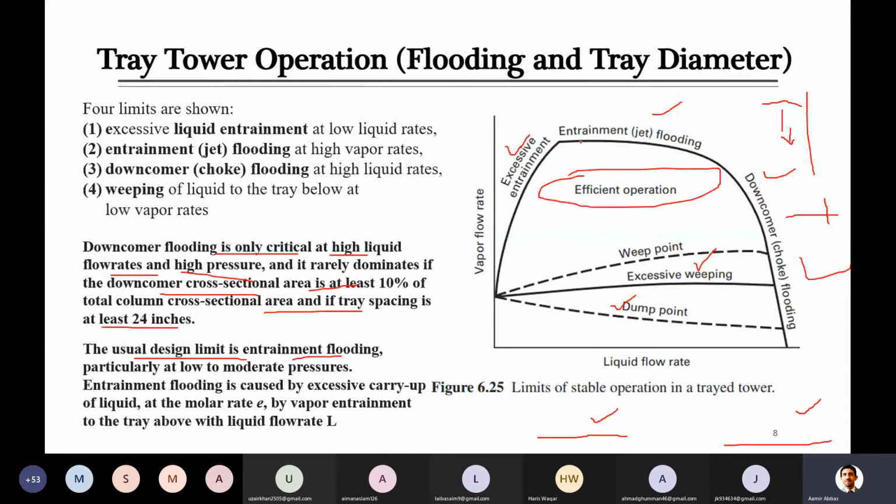If for example we calculated the velocity and the value came to 10 meters per second, that is the point where, if the vapor velocity through the column is 10 meters per second, flooding can take place. So we have to operate our column below the flooding.